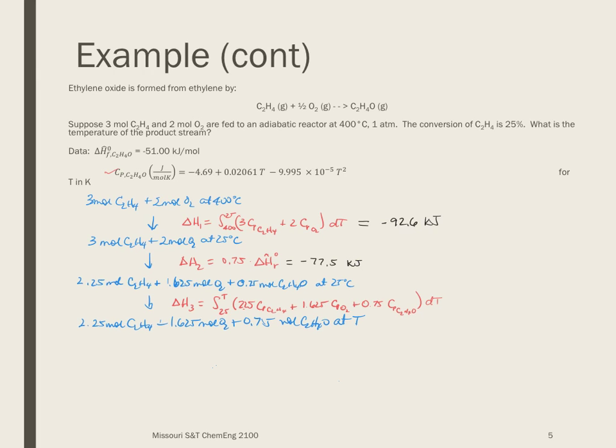Now delta H3 is going to be a function of temperature, okay? So what I'm going to do is I'm going to set up an equation, 92.6 plus negative 77.5 plus this function of temperature that comes from this integral here, okay? That is going to equal 0.